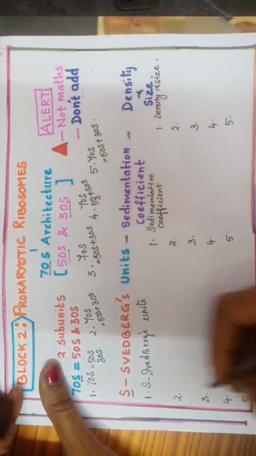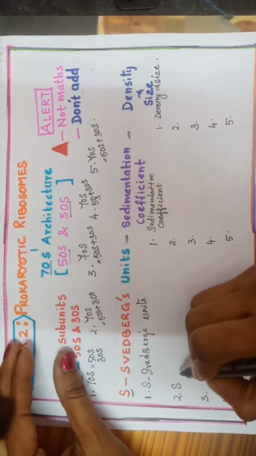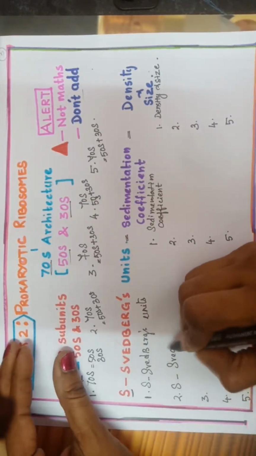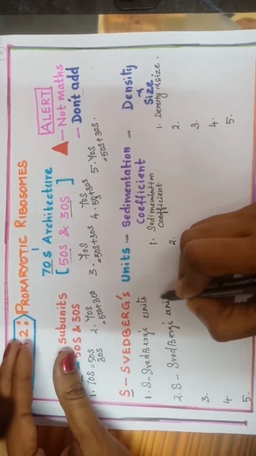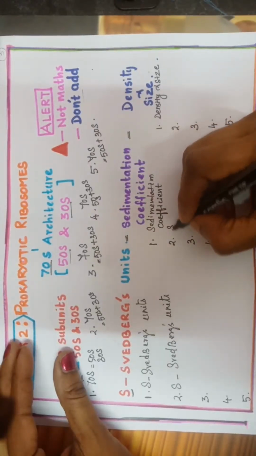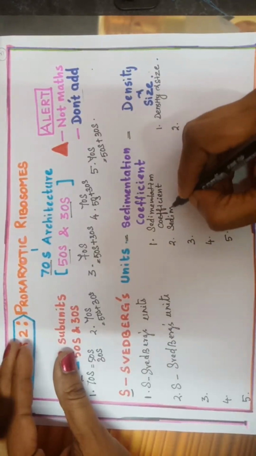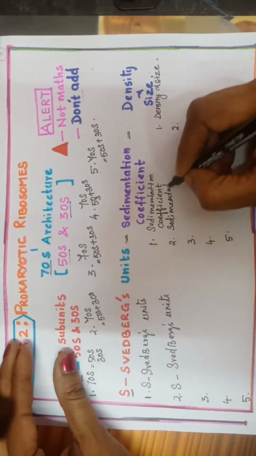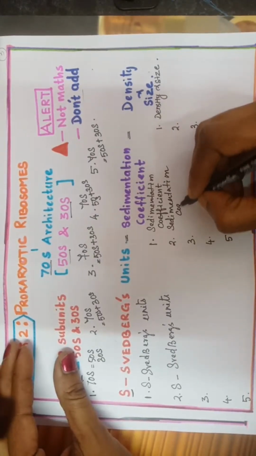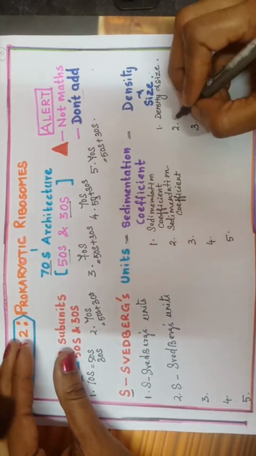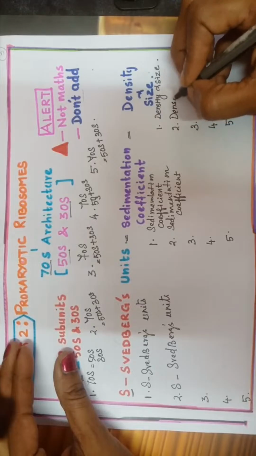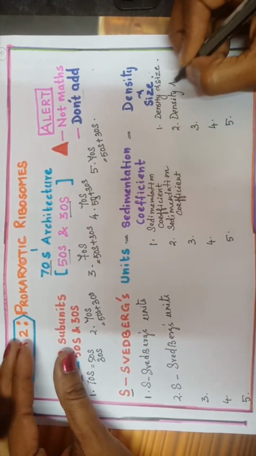You can directly look into the MCQ question. S denotes Svedberg's units, a sedimentation coefficient, which is an indirect measure of density and size.